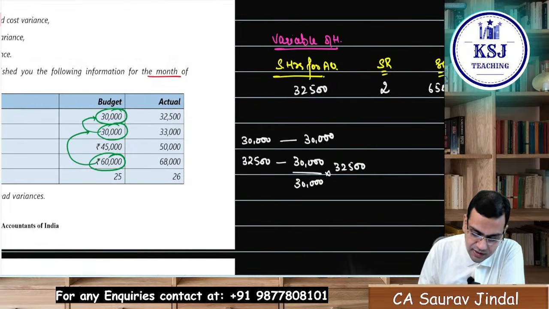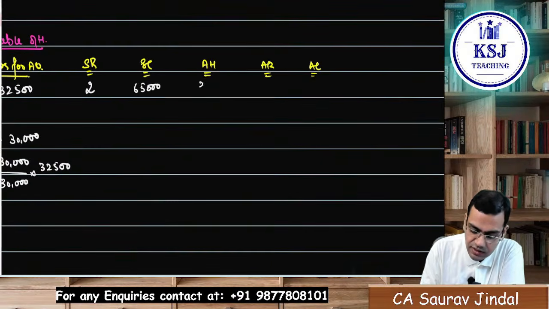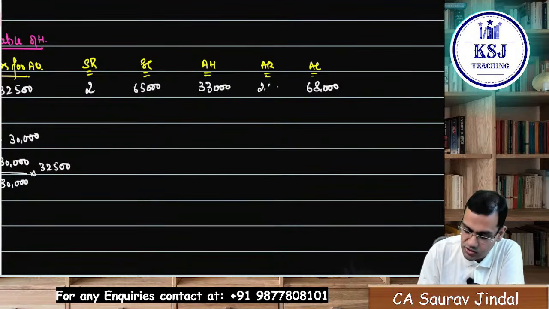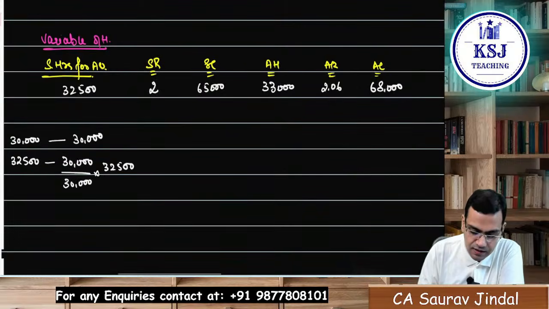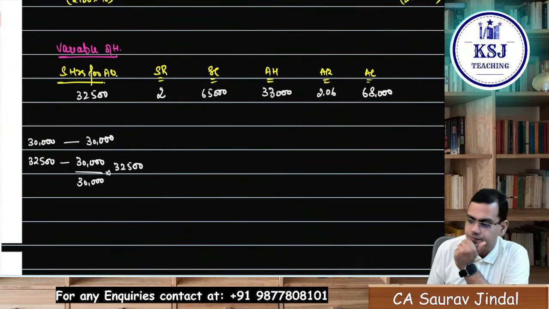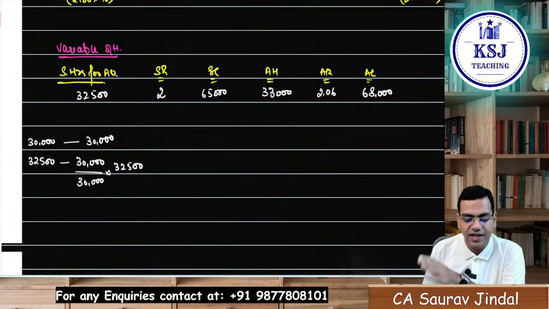Actual hours is 33,000 and actual cost is 68,000. So what is the actual rate? 68,000 divided by 33,000, that is 2.06. So this is your variable overheads. Clear? This is about the variable overheads.